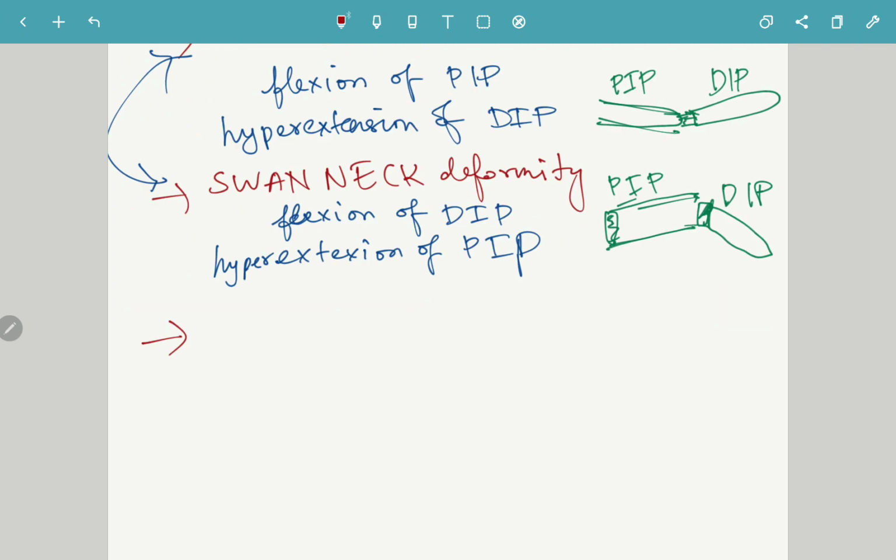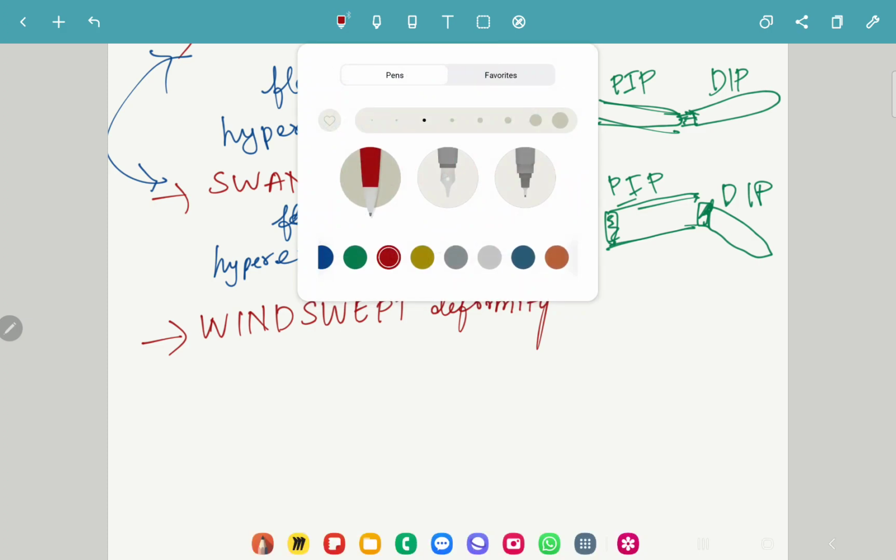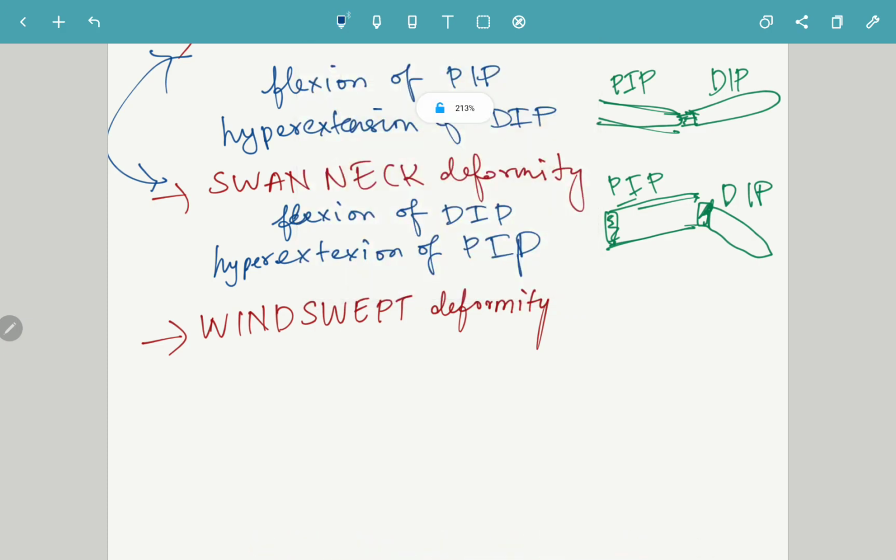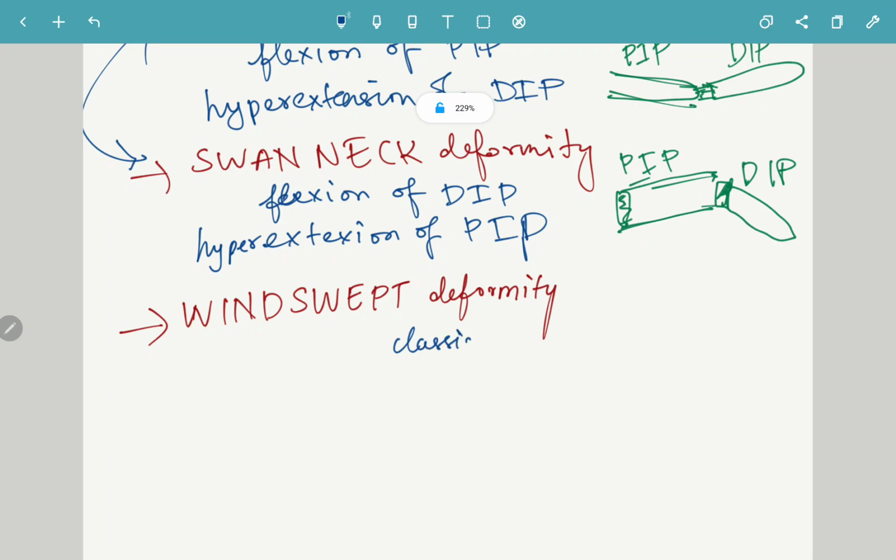The next important deformity, a very famously asked question, is the windswept deformity. The classical windswept deformity is generally seen in rickets, but windswept deformity of the hands and toes is generally seen in rheumatoid arthritis.